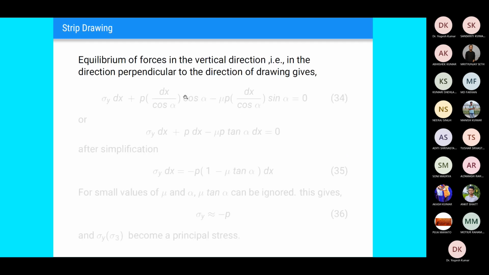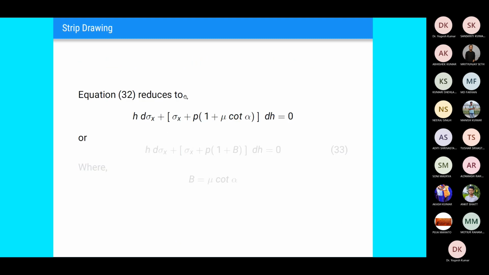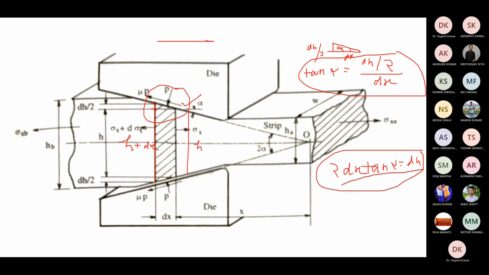Okay, now let us move ahead. Similarly, because I have explained to you the equilibrium of forces in x direction, I expect that you will solve by yourself how the equilibrium of forces in y direction will take place. Suppose in y direction you will be having certain stress sigma y, and for other forces like p and mu p, you will be considering their components.